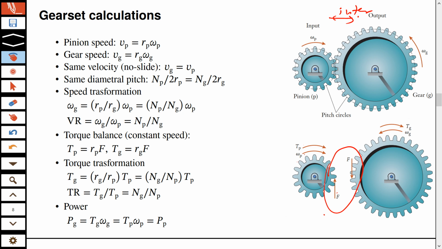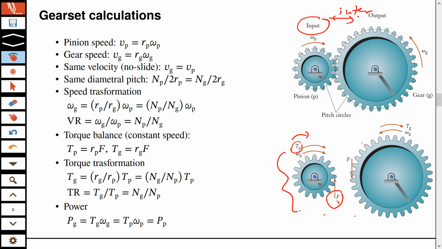One will be action, the other will be reaction. Because it is input, this is the action, and this is the reaction of that. So this reaction will provide the opposing torque to this. Now in this free body diagram, there are two external things: one is the external torque and one is the external force from the other gear.